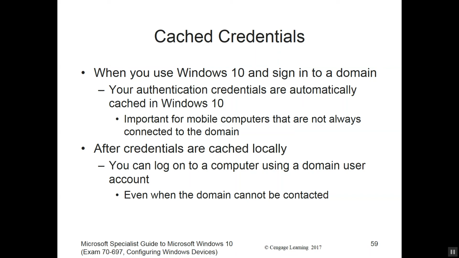So when you log in, you've made that connection to the domain controller. That data that recognizes you comes down and it's stored or cached on the local machine. So should that connection to the domain controller get severed, your network's down, you can still log into the local machine.